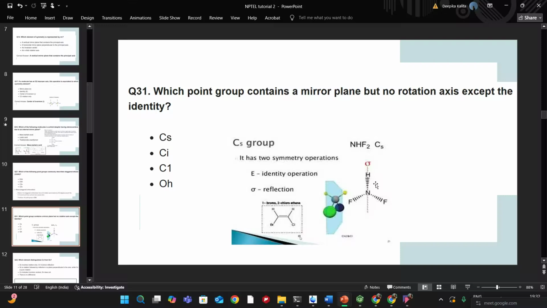This NHF2 molecule has an identity operation and the reflection in this direction. It is a tetrahedral symmetric molecule, but if we place the lone pair and the three substituents present on the nitrogen atom, the shape will have a Cs point group.